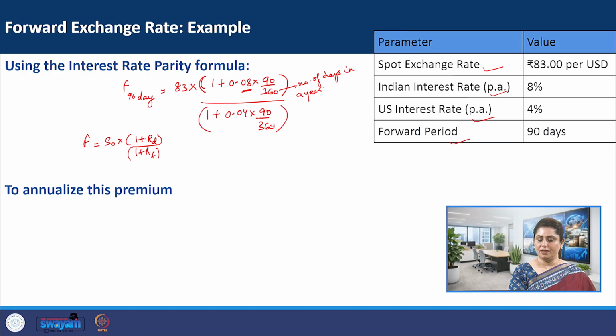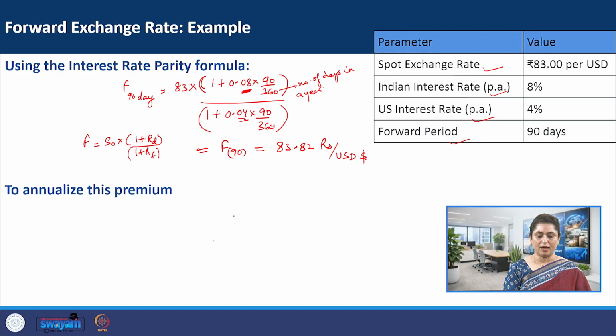So here we are actually converting these interest rates into quarterly form, and the 90-day forward that we have got, after this whole calculation, is equal to 83.82 rupees per USD.